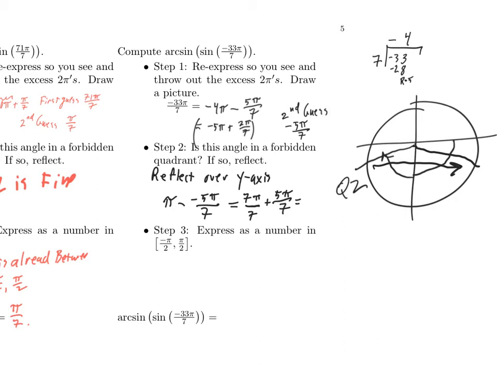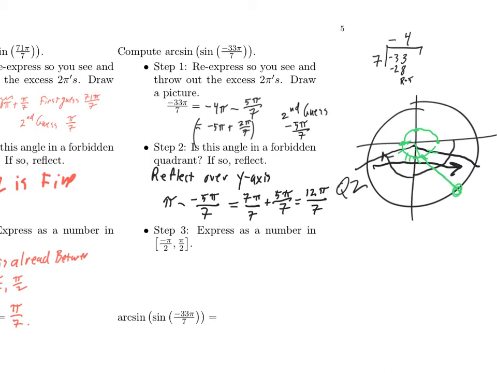Well, 7 plus 5 is 12 pi over 7. And let's think about what angle that would correspond to. Starting there and rotating forward by pi over 2, 2 pi over 2, 3 pi over 2, well, there's 7 pi over 7, 8 pi over 7, 9 pi over 7, 10 pi over 7, 11, 12, 13 pi over 7, so that's like this angle.